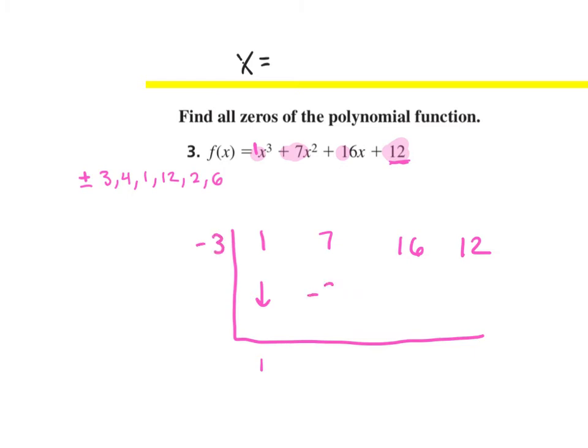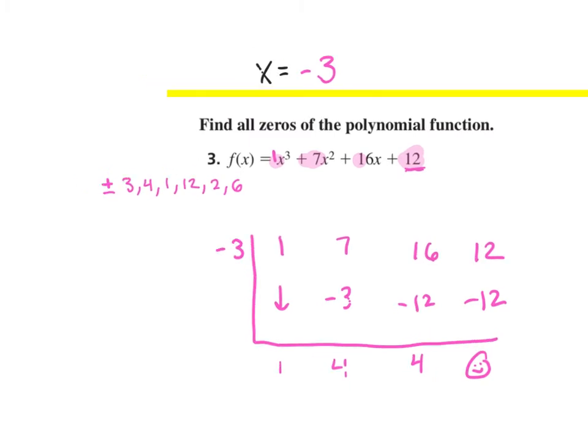So multiply, add, multiply, add, multiply. Good job. It works. So one of our solutions is -3. What do we do next? Turn it into a polynomial. So what do we start with?